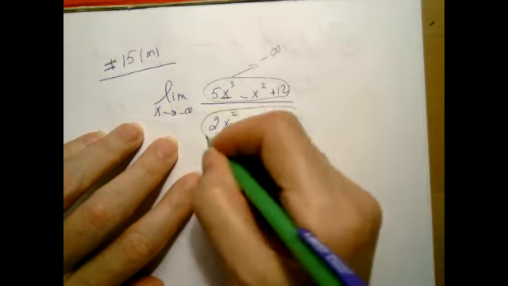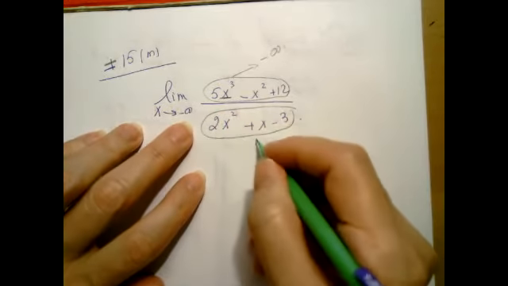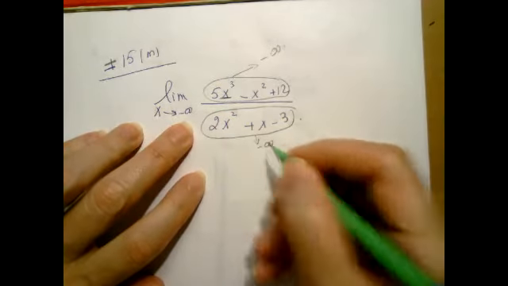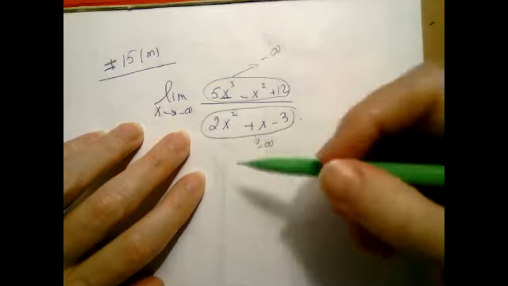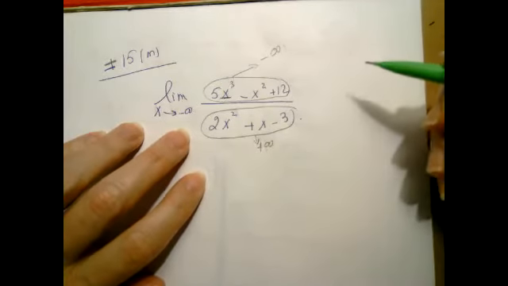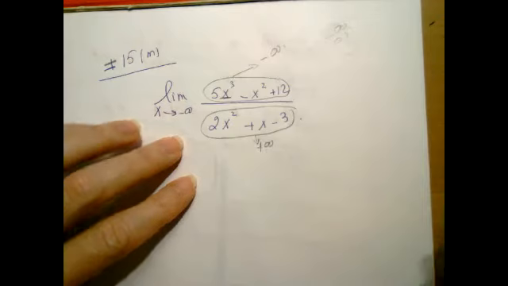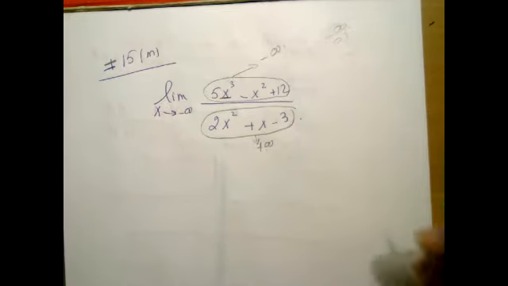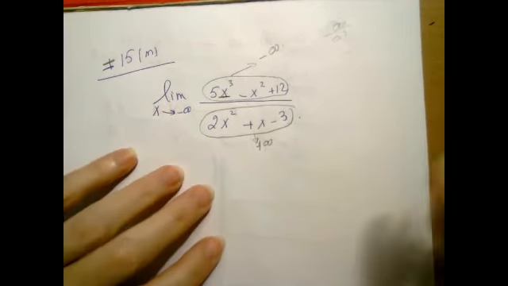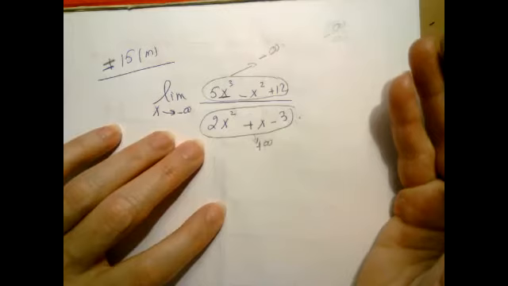And my denominator will do as well, but it will go to plus infinity. So I definitely have an issue. I have a very large number over a very large number. Anything can occur.